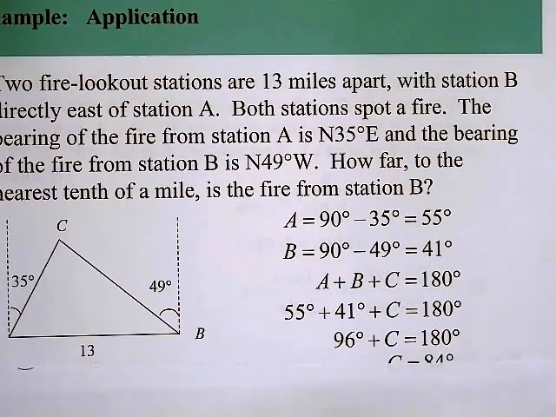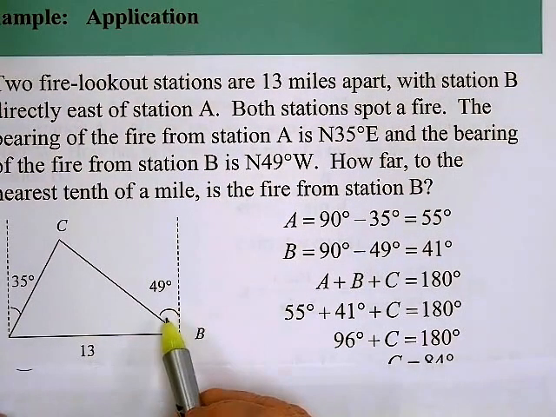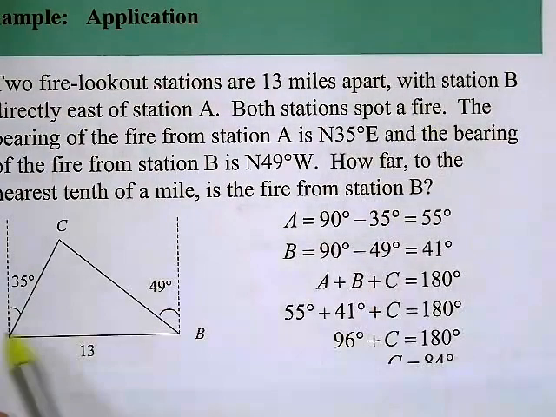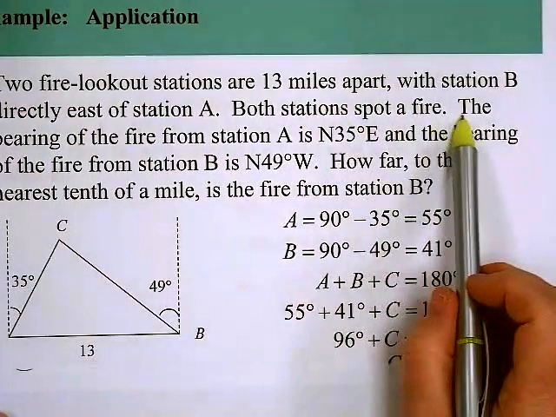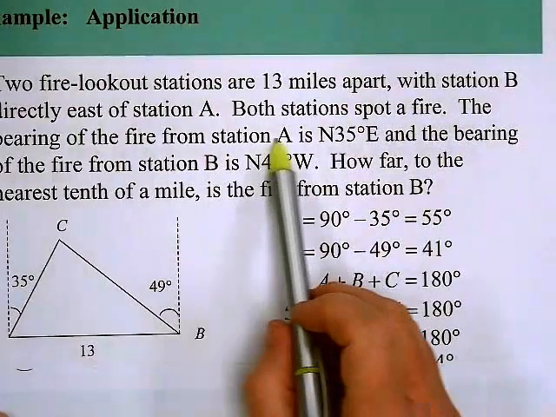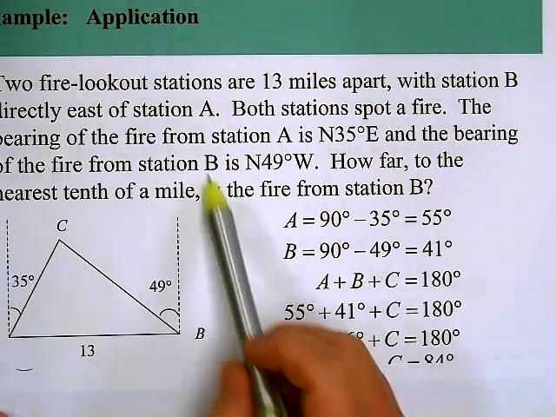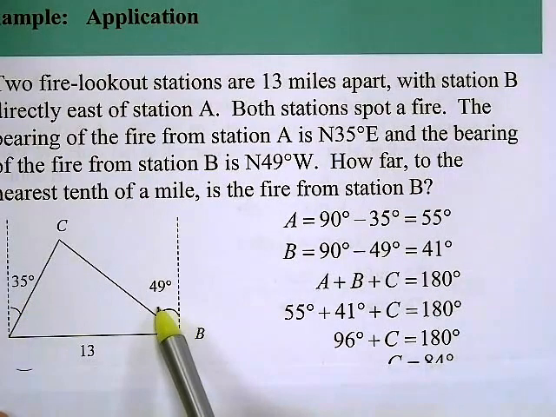Two fire lookout stations are 13 miles apart, with Station B directly east of A. Both stations spot a fire. The bearing of the fire from A is north 35 degrees east. The bearing from B is north 49 degrees west.